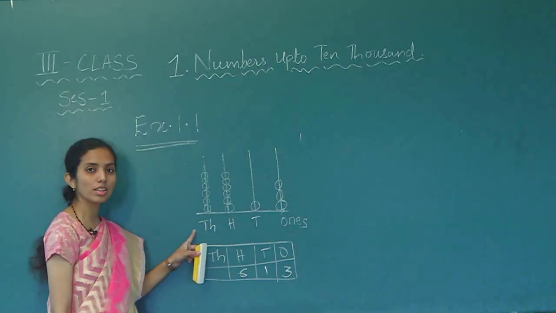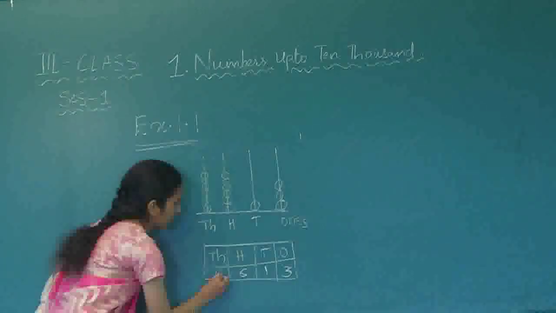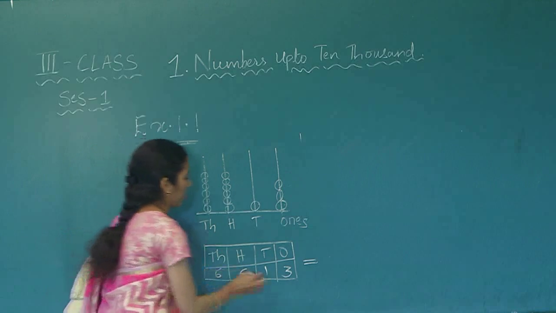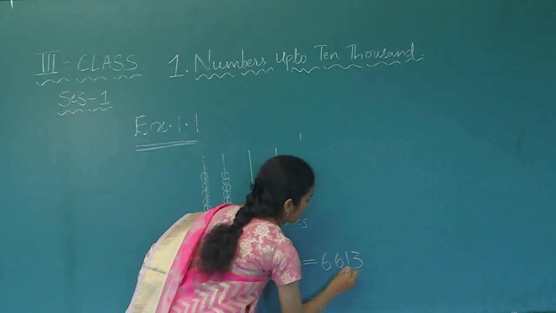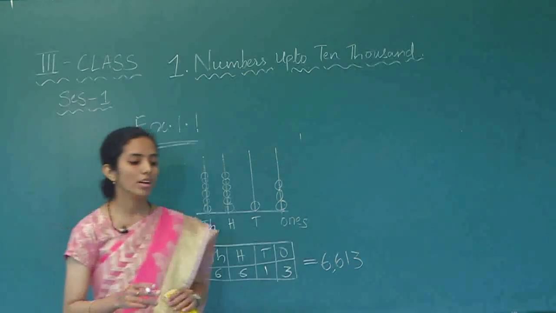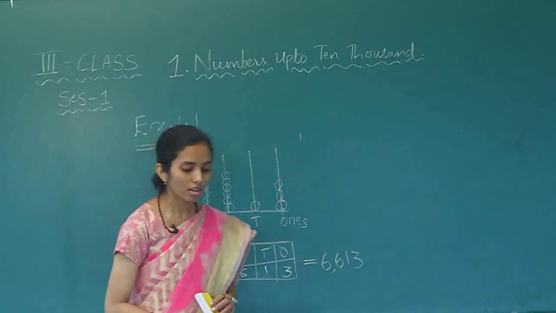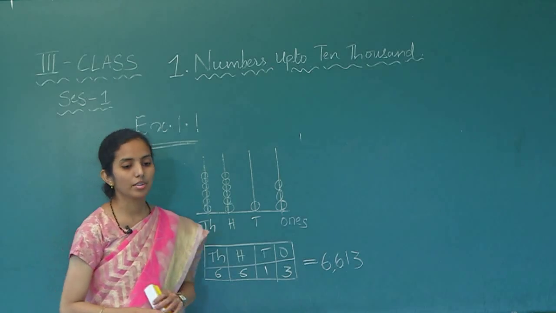How many thousands are there? 6. So, what is the number that is represented on the abacus? 6613 is the number that is represented on the abacus.